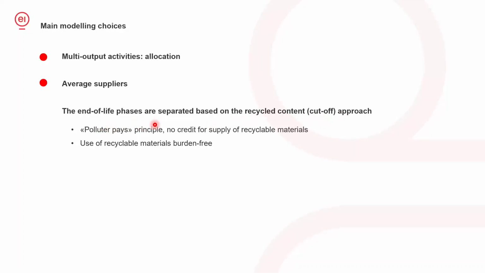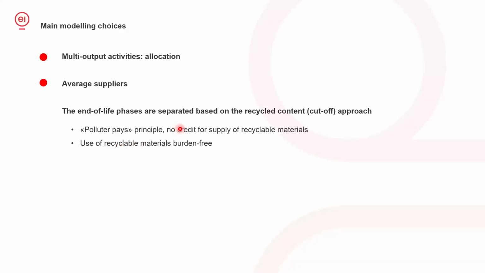The polluter bears the burdens of treating any waste and does not get any credit for supplying recyclable materials. Use of recyclable materials in a secondary supply chain comes burden-free.